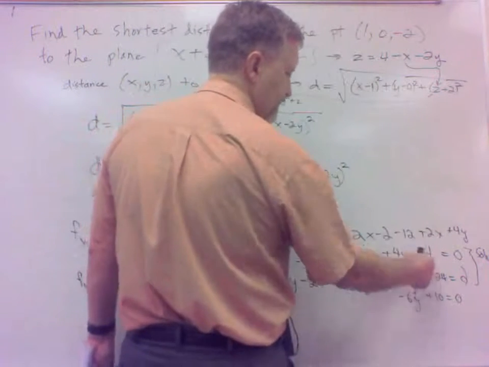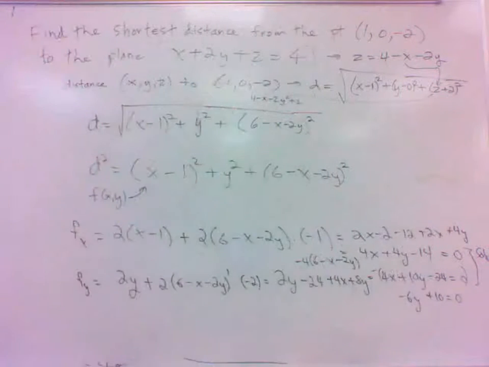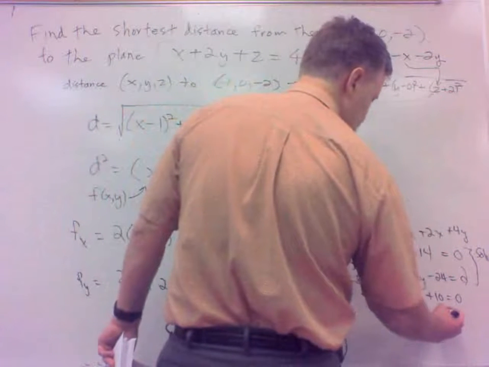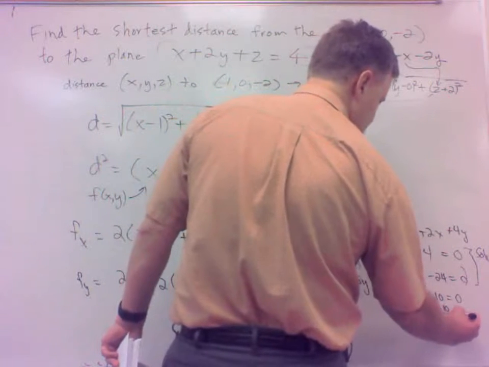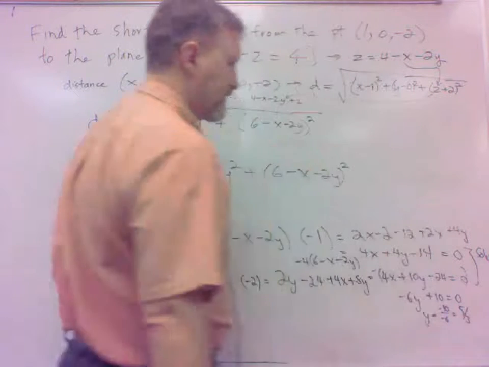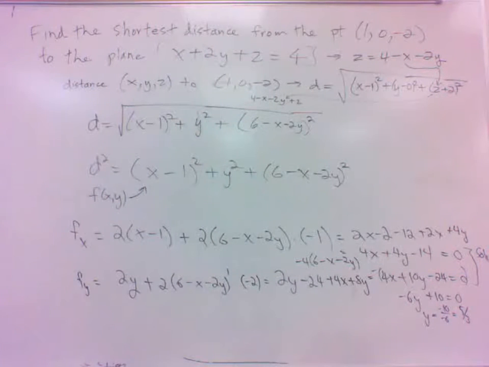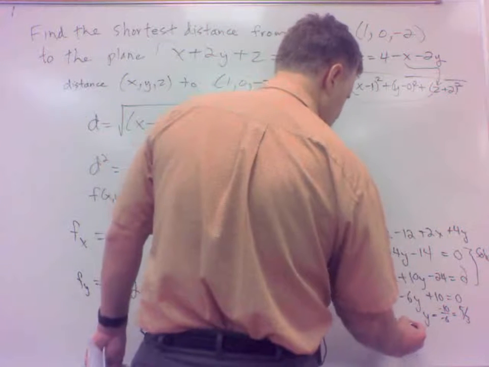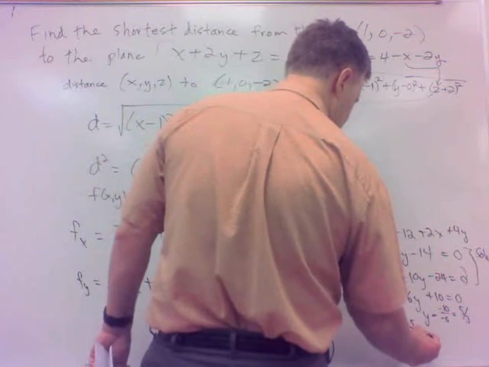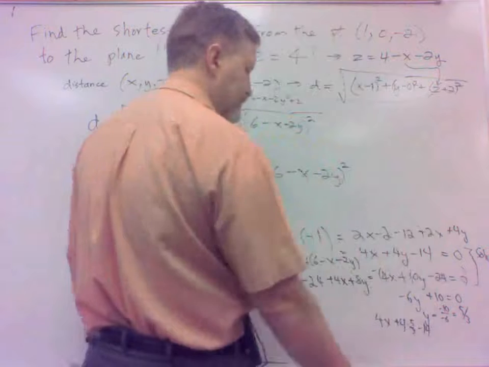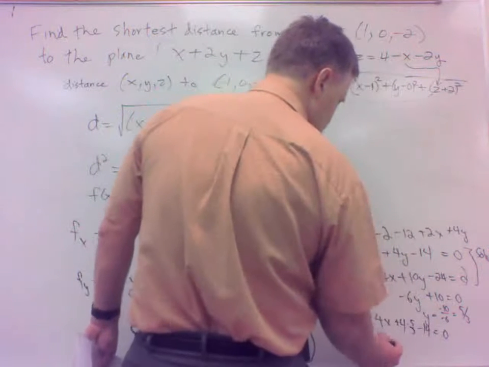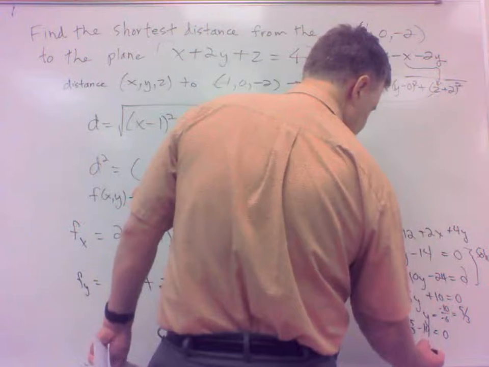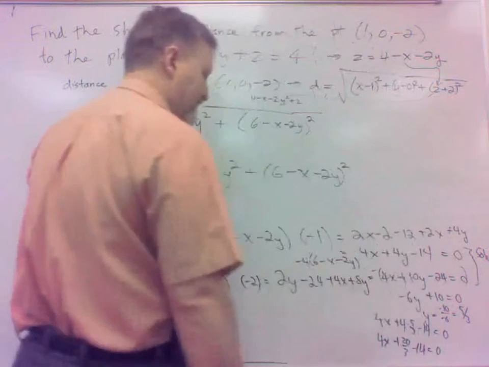So it'd be positive 24 minus 14. So that'd be y equals negative 10 over negative 6, 5/3. So the y would be 5/3, which would put the x at what? 4x plus 20/3 minus 14 equals 0.